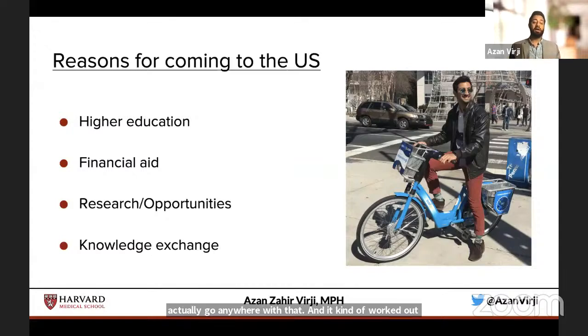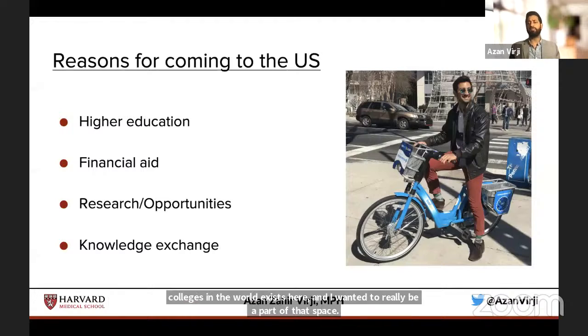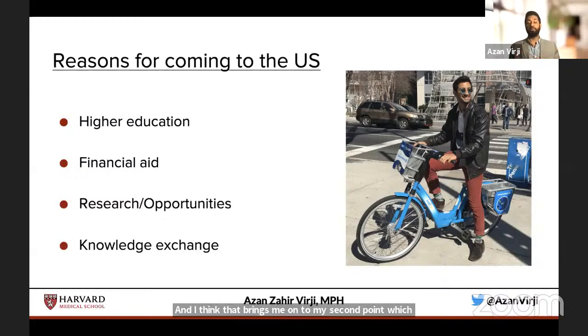And so I wanted to come here to the United States, particularly because some of the best colleges in the world exist here. And I wanted to really be a part of that space, and really get that higher education, something that I didn't feel like I could get for a long time. And I think that brings me on to my second point, which is the financial aid component. As a low income person from a low income family, there's no way I could have afforded college.